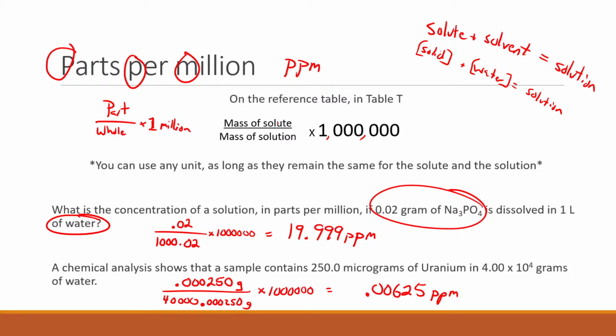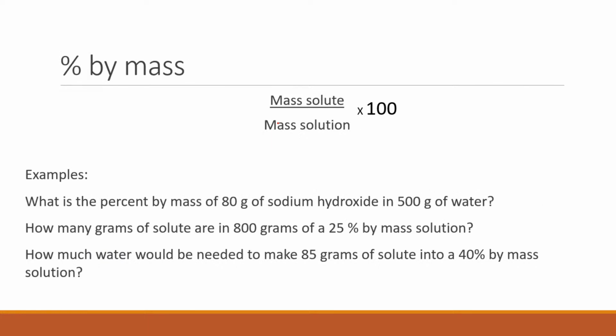And we're going to see that come back when we look at percent by mass. Percent by mass is again solute over solution. It's part over whole. Instead of times a million this time, though, it's times 100.